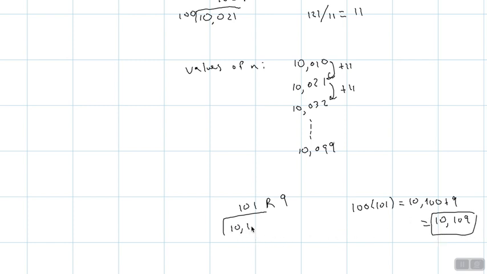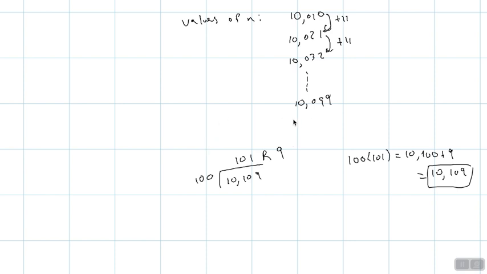And so looking at our list here, 10,109 is the next value. And then for values of q plus r from there that are divisible by 11, we keep adding 11. So 10,120, 10,131, and this continues all the way until we get to 10,198.